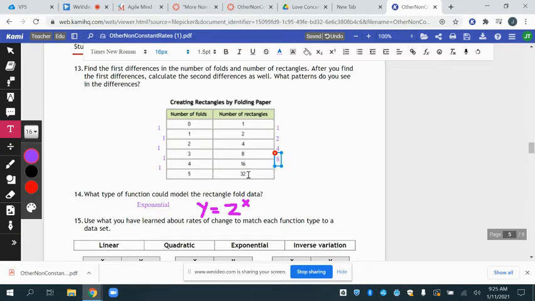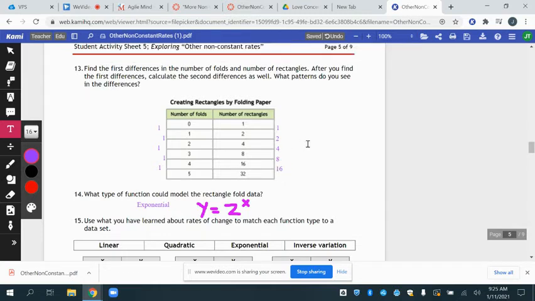And then from 16 to 32, that's 16. And here's where you notice a pattern. Where do those numbers look familiar from? Hey, those are the same numbers, like this.